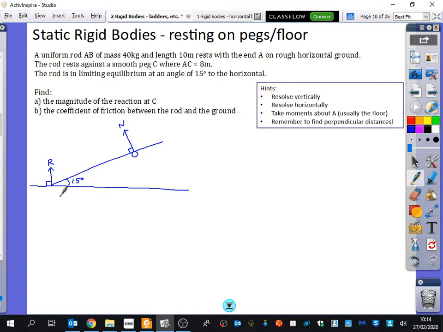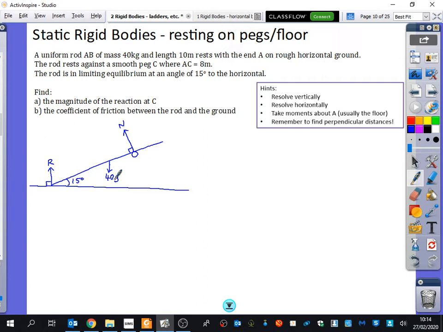We've still got some missing forces, though. Can you see what the missing forces are? Weight, good. Yeah, let's add in the weight. The weight is 40g. And the friction. When I put this on the table, which direction do you think that it wants to slide? It wants to slide like this, doesn't it? Especially because this is a smooth peg. If my finger was icy and smooth, it's going to want to slide down there and slide off the table.